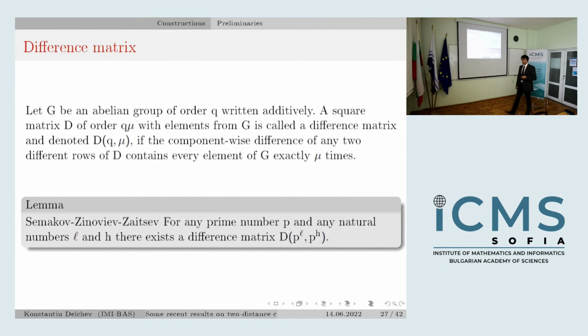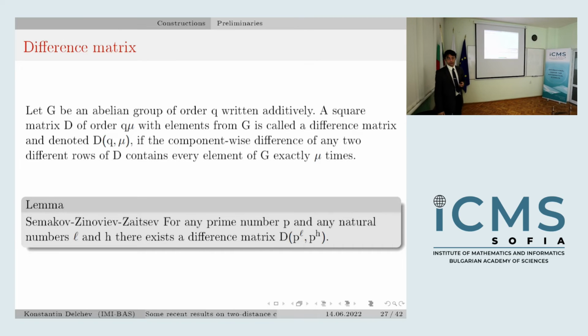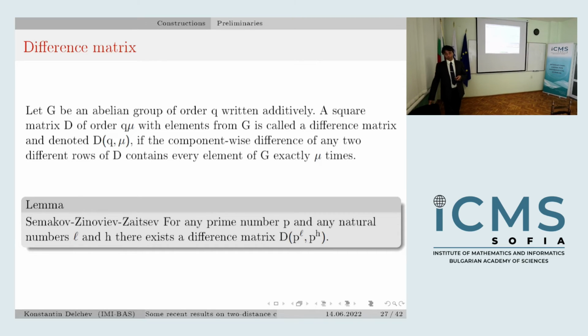So here is a list of the objects on which such constructions are based, and the first object is the so-called difference matrix. Let G be an abelian group of order Q, and a square matrix is called a difference matrix if the component-wise difference of any two different rows contains every element of G the same number of times.